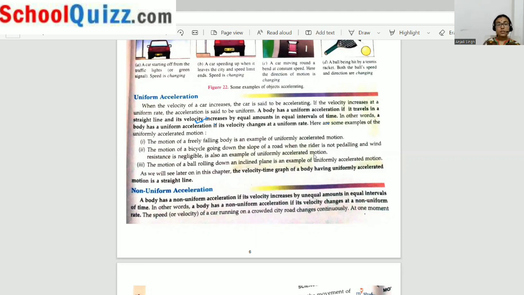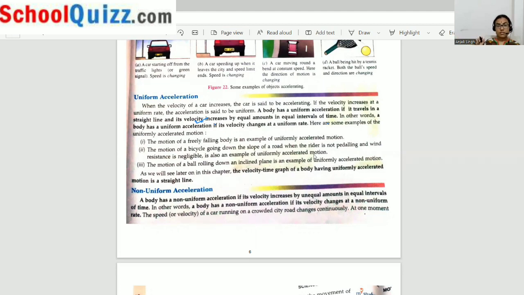Clear? So what is non-uniform acceleration? Non-uniform acceleration means the velocity is not changing in equal amounts in equal intervals of time. Sometimes it may increase, sometimes it may decrease.